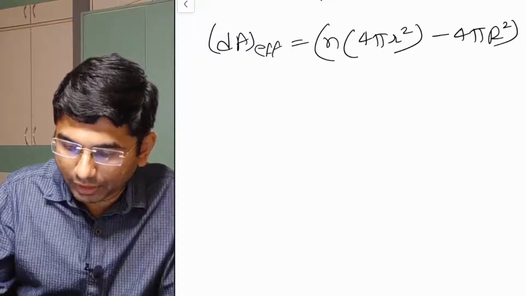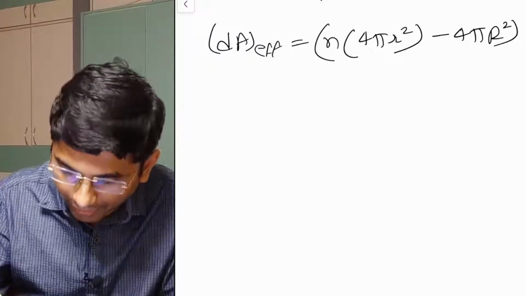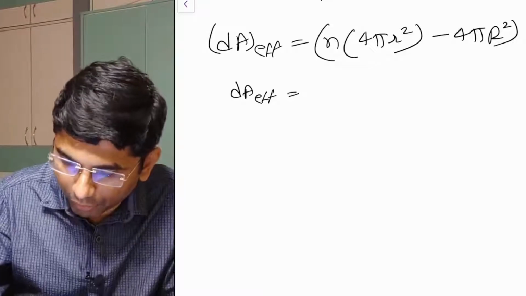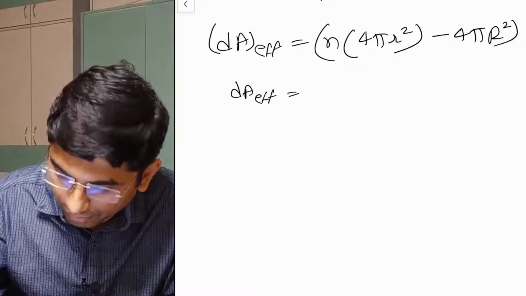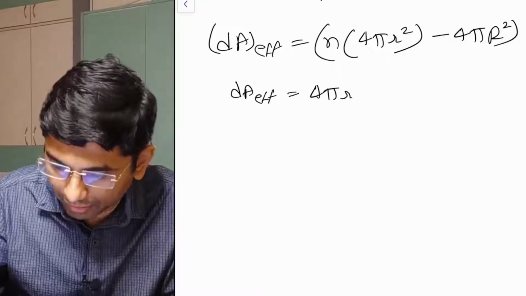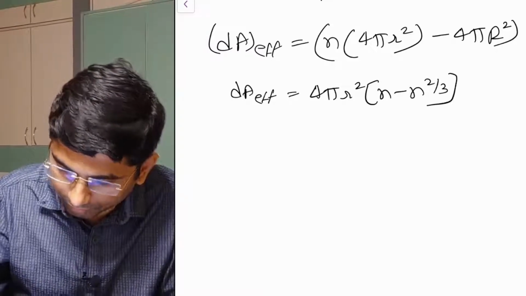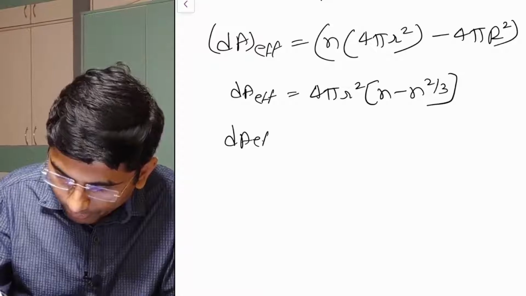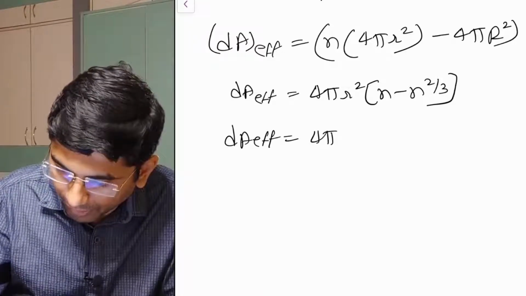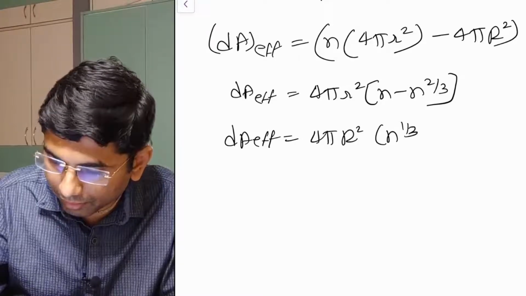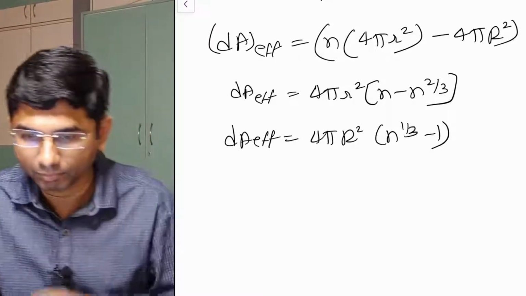Now we know the relationship of R and r. I can write it in any terms. After solving this, the answer I get is delta A effective equals 4 pi R square in bracket n minus n to the power 2 by 3, or delta A effective can be written as 4 pi R square into n to the power 1 by 3 minus 1.